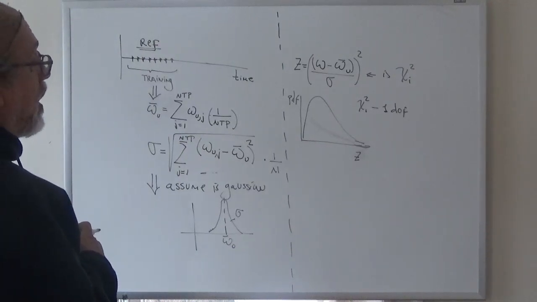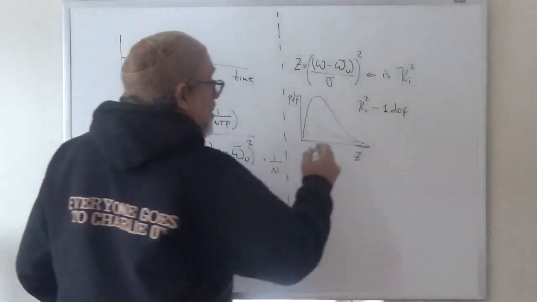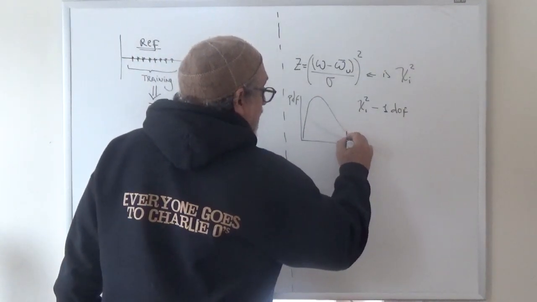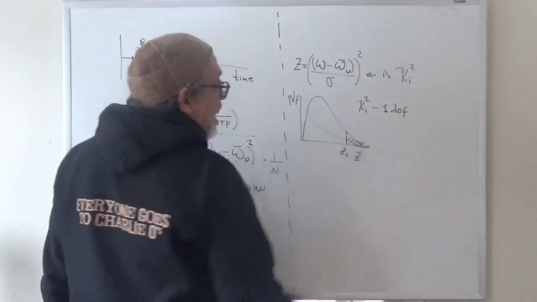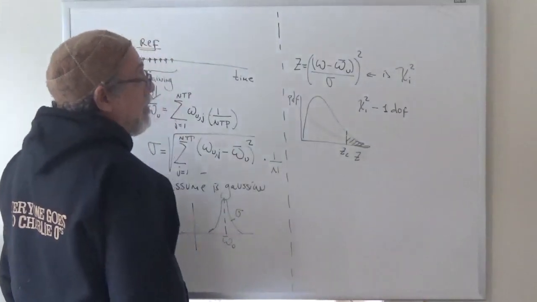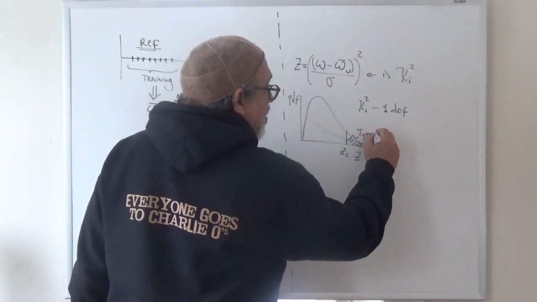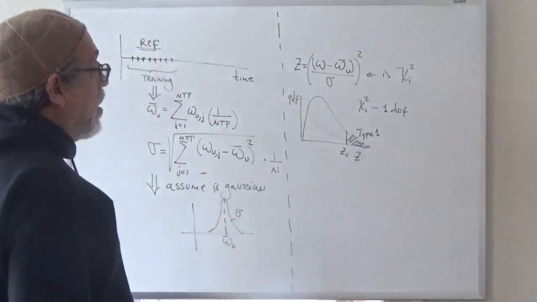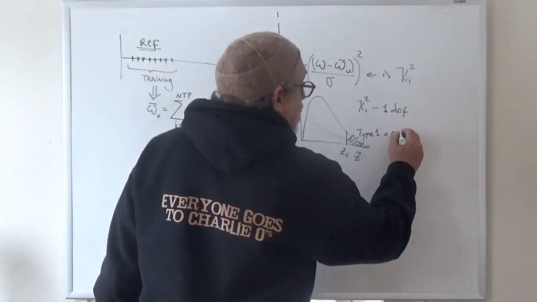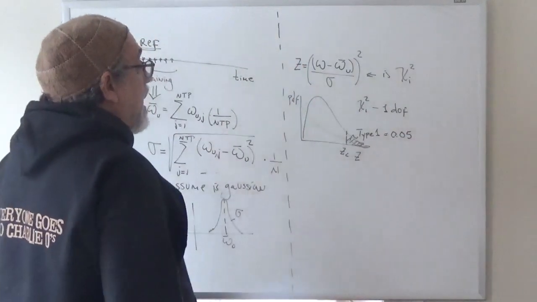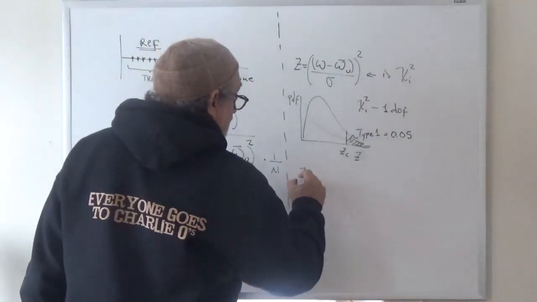Now, if we want to classify something as being damaged, we will say, okay, the probability that z is larger than this value is whatever we choose that area to be. If we choose this to be the type 1 error, on the tail, and we typically would take this to be, let's say, 0.05, then we can actually read what is the z critical.